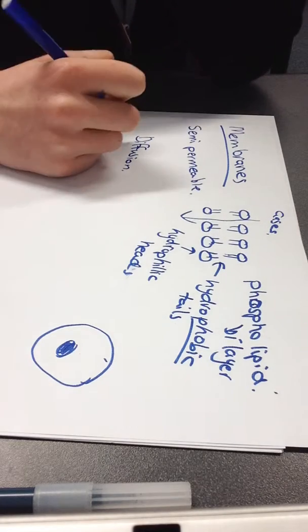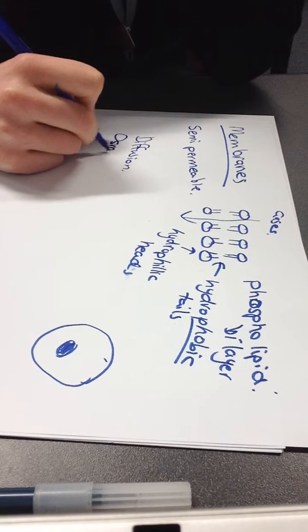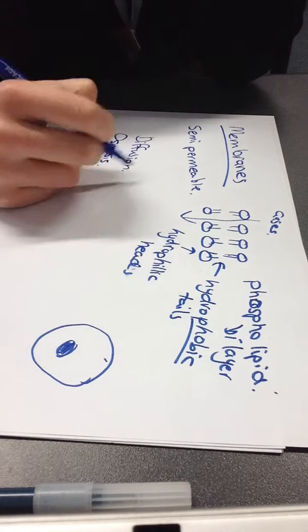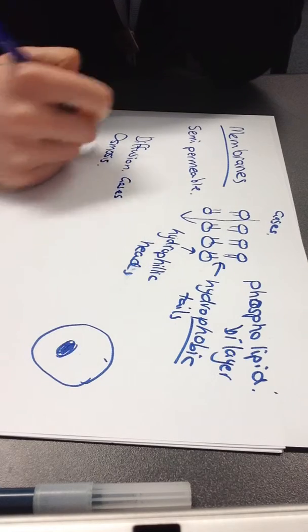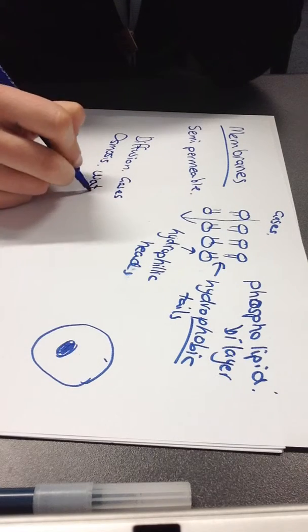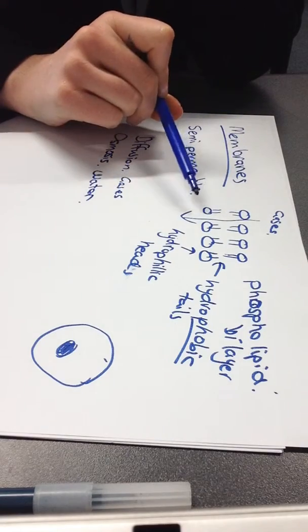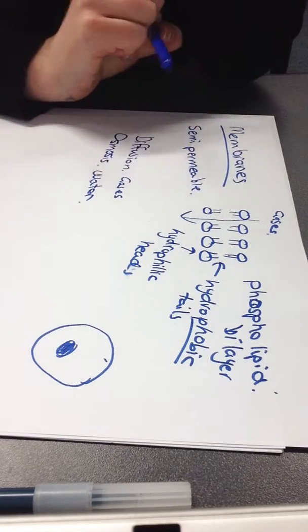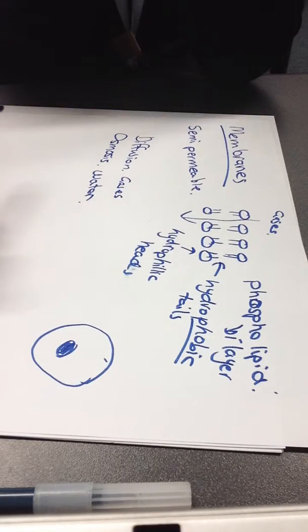Another important word here is osmosis. Diffusion is the movement of gases across the membrane, whereas with osmosis we're just talking about water. Both of these will diffuse across the membrane without much help, straight away.